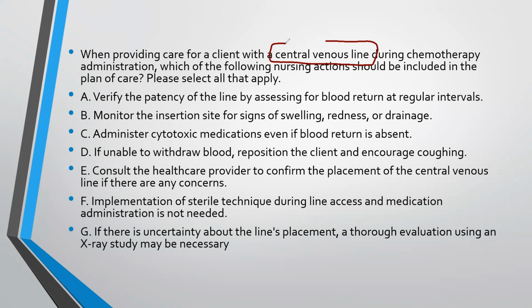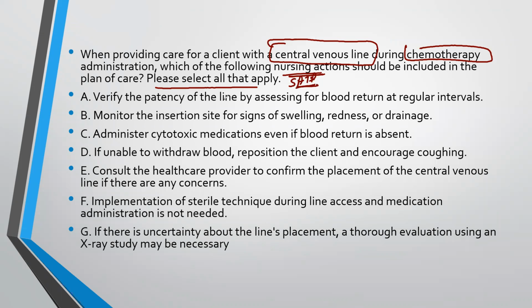The RN is providing care, and the patient has a central venous line during chemotherapy. What kind of nursing action should the RN take or perform? It is also a SATA based question.